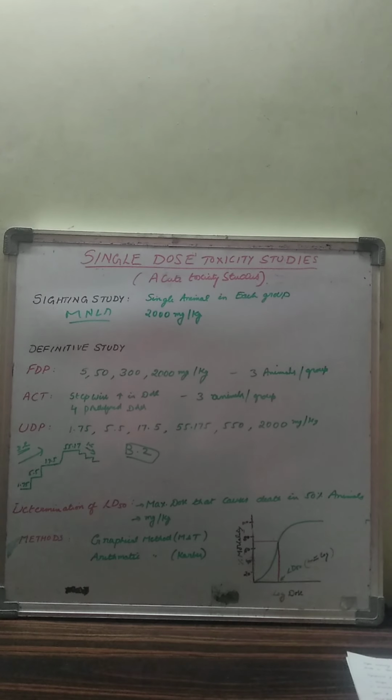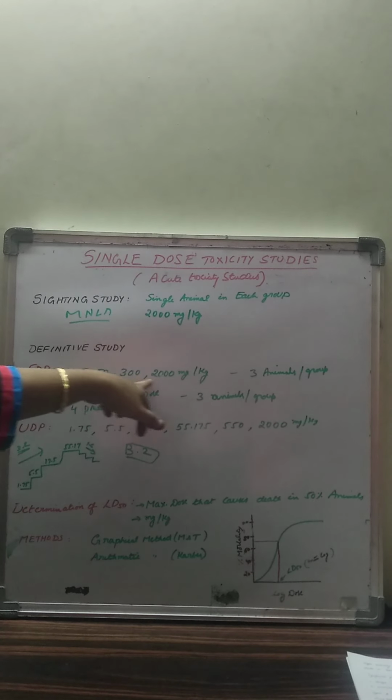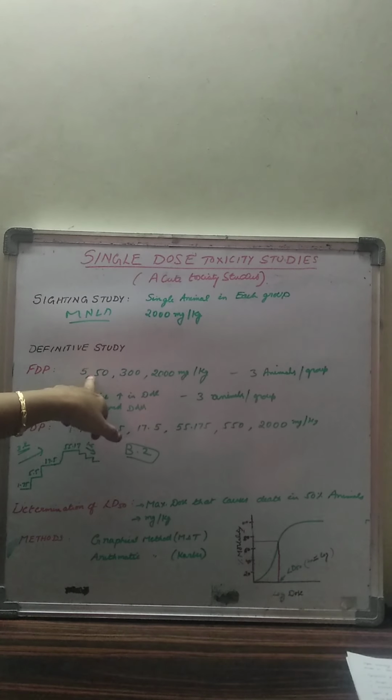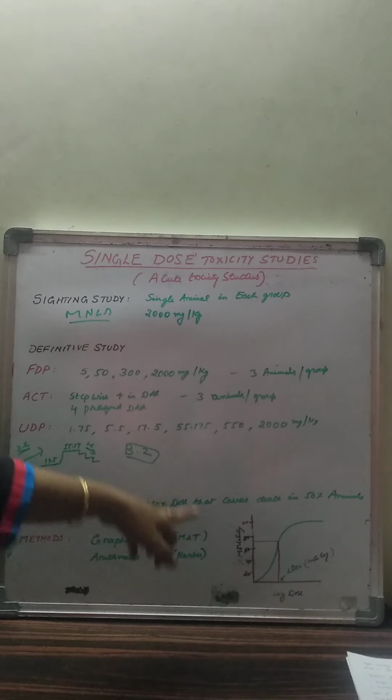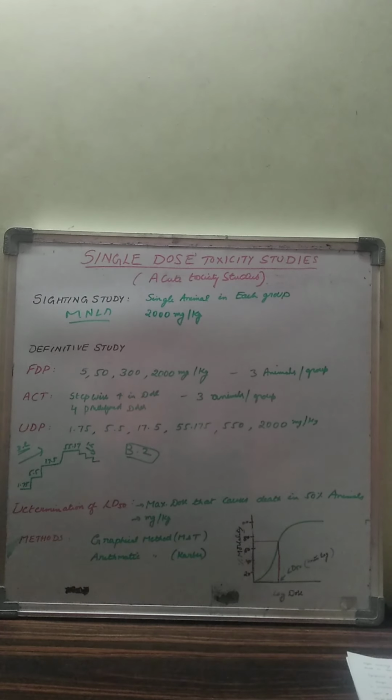So how to determine this? First you should know the definition. It is nothing but the dose that causes death in 50% of the animals. That dose should be determined. For example, in case of the FDP, I will tell you how we can determine this. Once you have all these, you just take the log doses. You calculate the log doses for these 4 so that they will be plotted here.